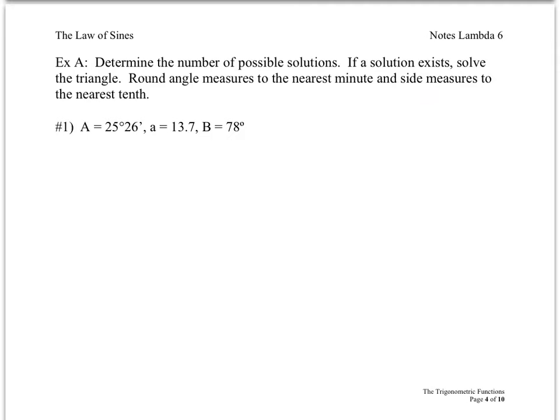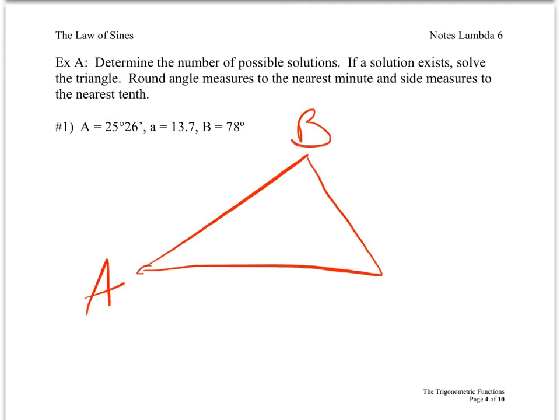Let's first draw this picture. Triangle ABC. Label the angles any way you choose, but the sides opposite those angles should be the same letter but lowercase. Angle A is 25 degrees 26 minutes. Side a is 13.7. Angle B is 78 degrees.